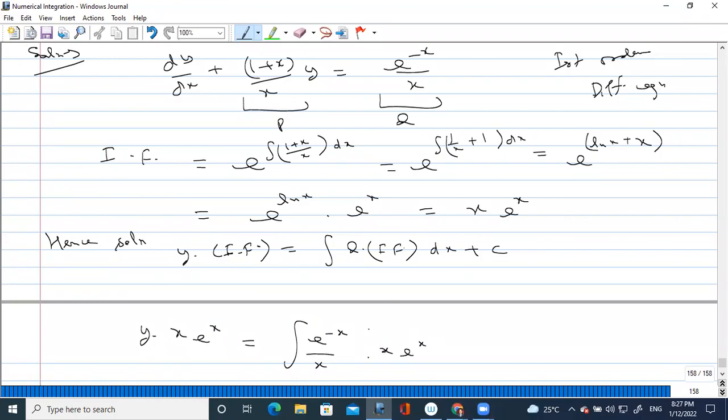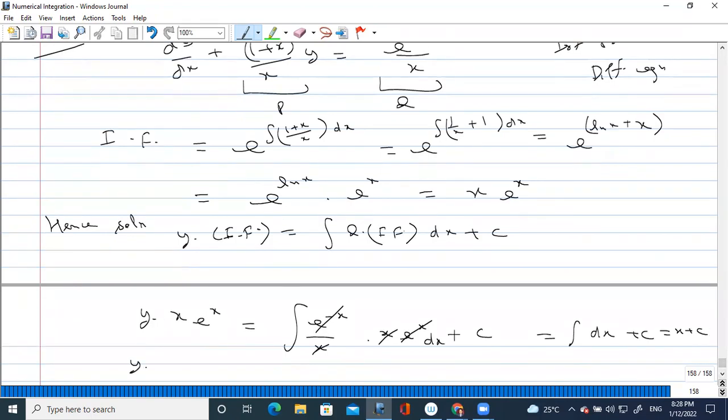See, in the exam they give you such problems that everything will cancel and it becomes easy. So e to the power x into e to the power minus x will be 1, and x by x also cancels, so it is integral 1 only. So integral dx plus c is x plus c. So the answer is y into x e to the power x is equal to x plus c.